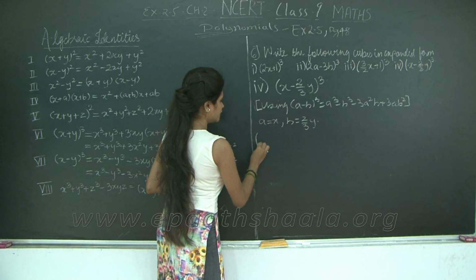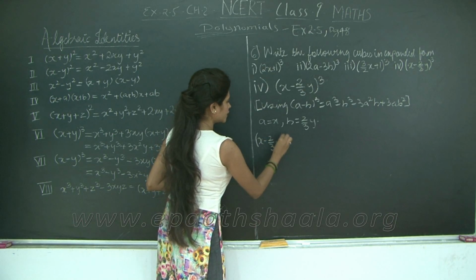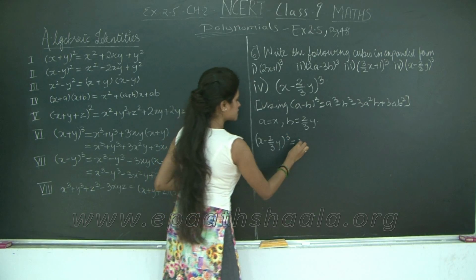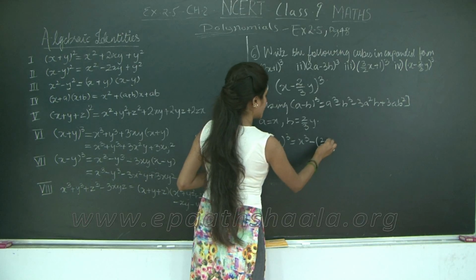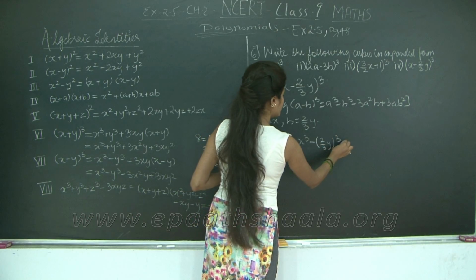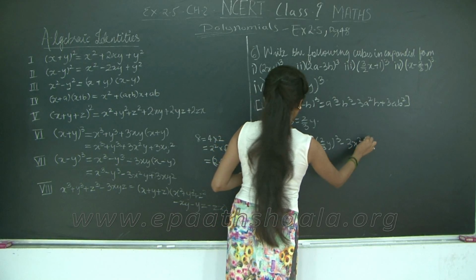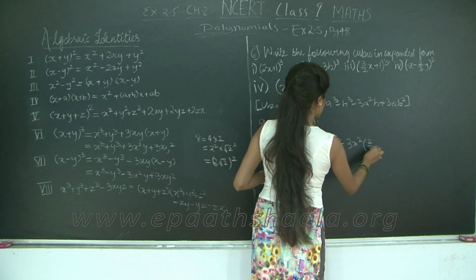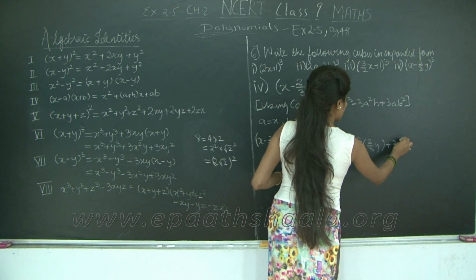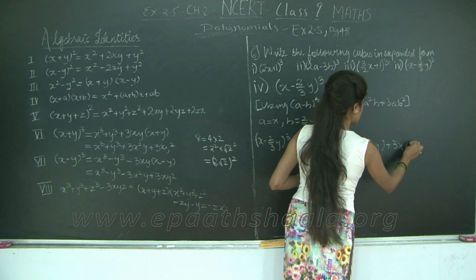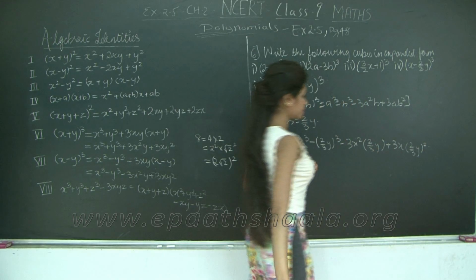Therefore we have x minus 2 upon 3y the whole cube is equal to x cube minus 2 upon 3y the whole cube minus 3x square into 2 upon 3y plus 3 into 3x into 2 upon 3y the whole square.